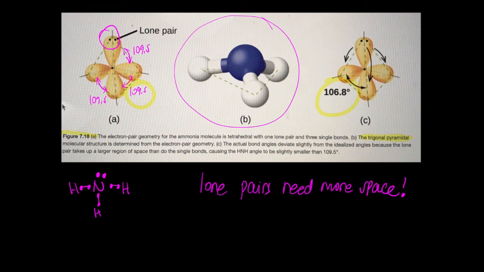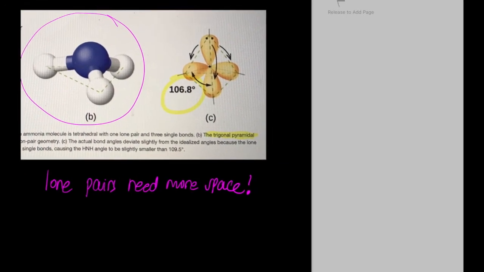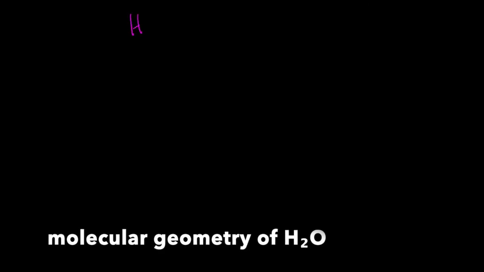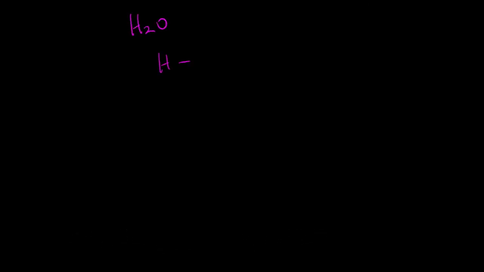All right. Another classic molecule that is usually shown is water. Water is, of course, H2O. It has this Lewis structure. And we normally draw it bent. It's not linear. Why?